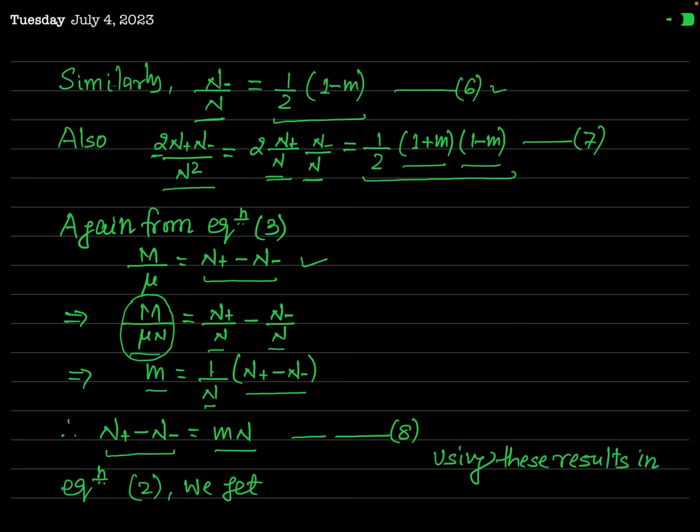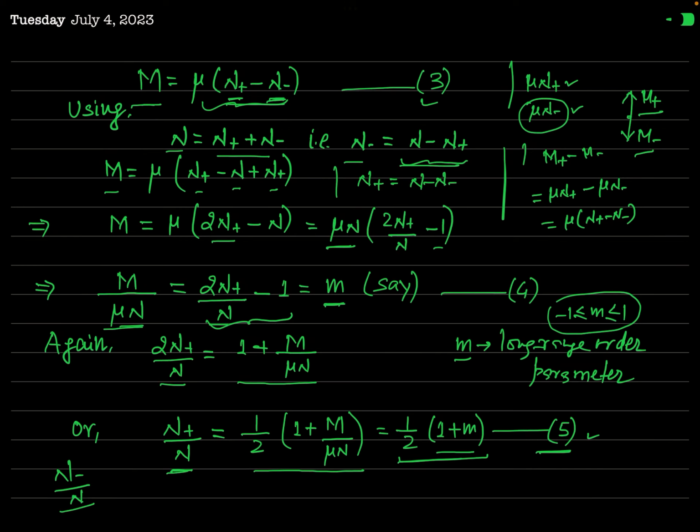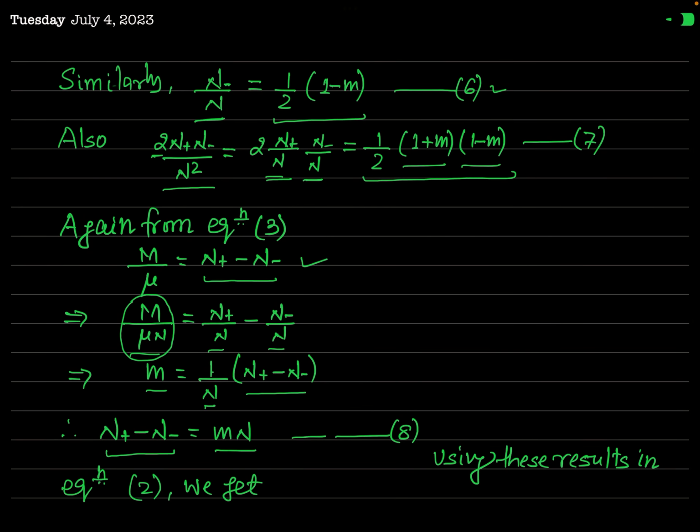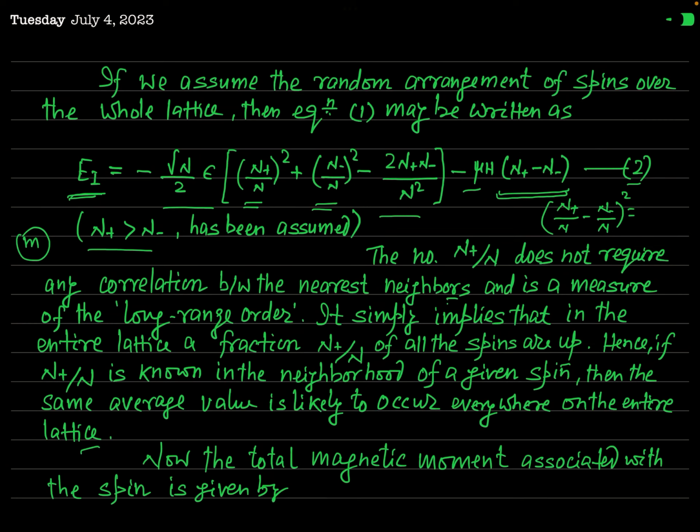So in this way you can see, from equation 4, starting from equation 5 to 8, we have calculated all the terms appearing in this equation 2, which represents the energy of interaction.